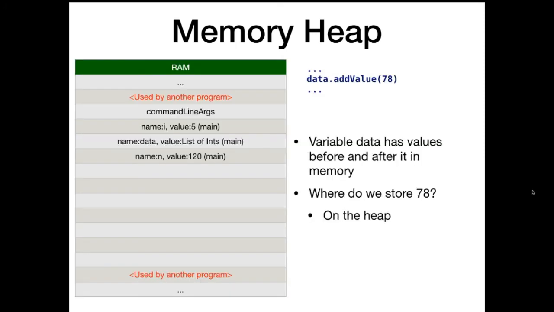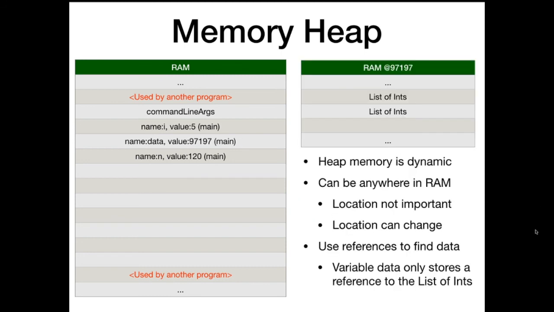So what if our data needs to change size, or what if in general we just need more flexibility? For this, we don't actually store anything except those types on the previous slide, which are fixed length. Those all have a fixed defined number of bits for each of their representations. What if we don't have that? We're going to put those values on the heap. So now, instead of storing my variables on the stack directly, I'm going to ask my operating system for some memory anywhere else on my RAM stick.